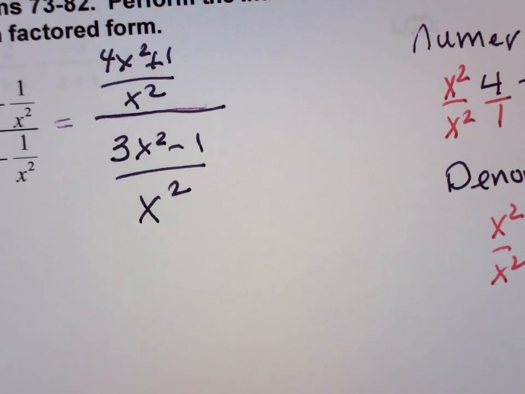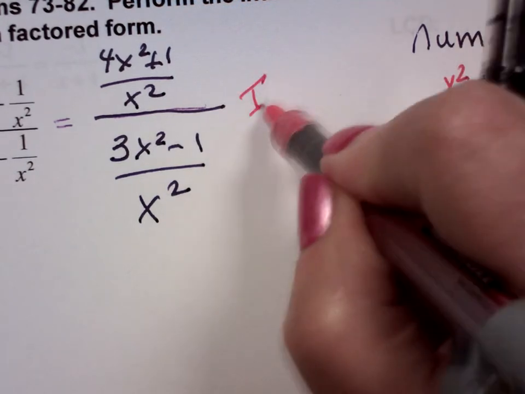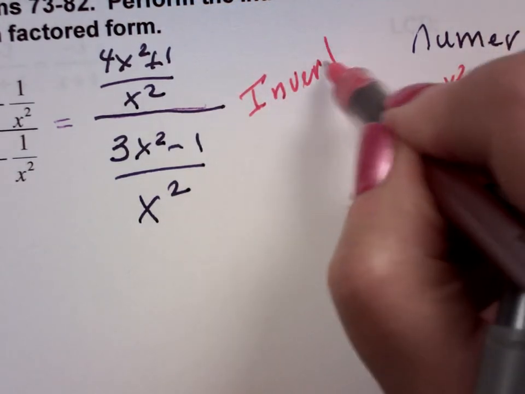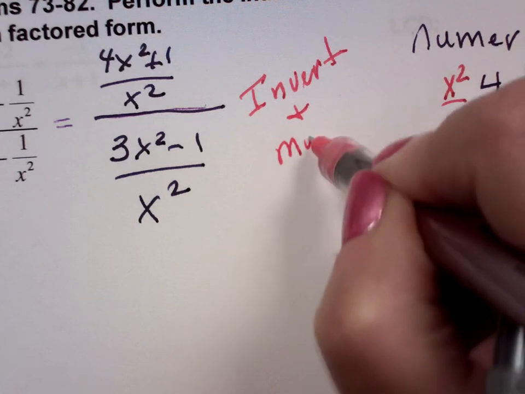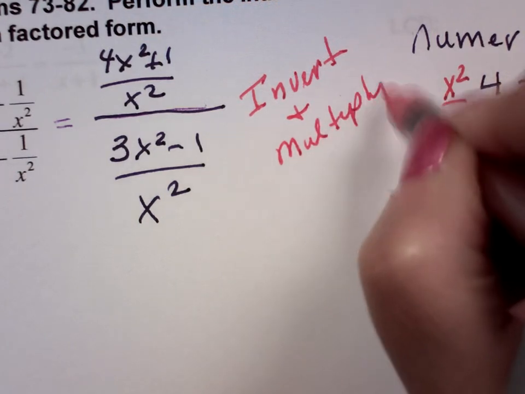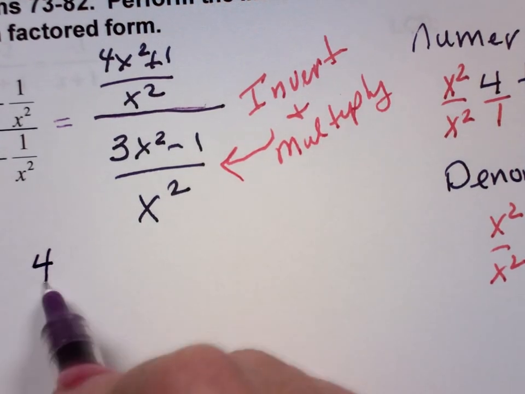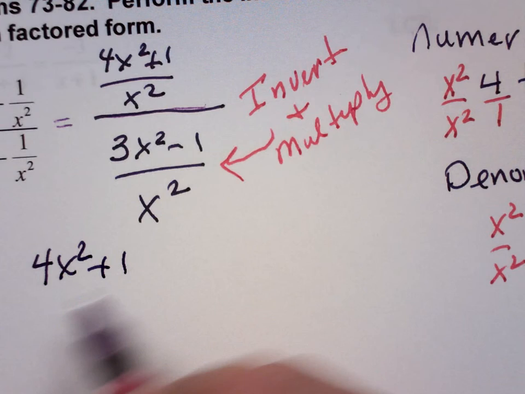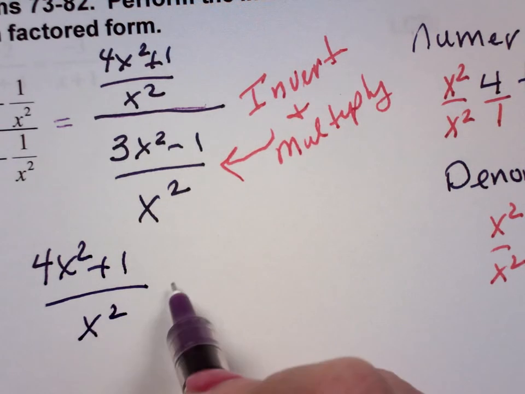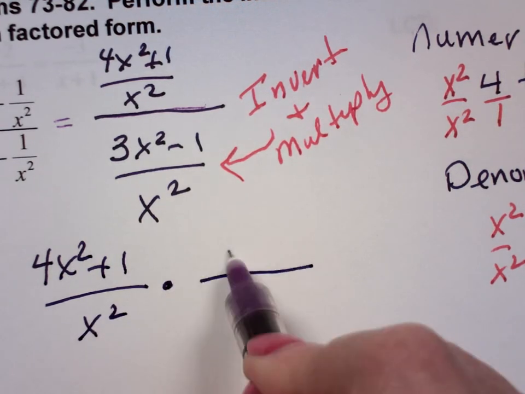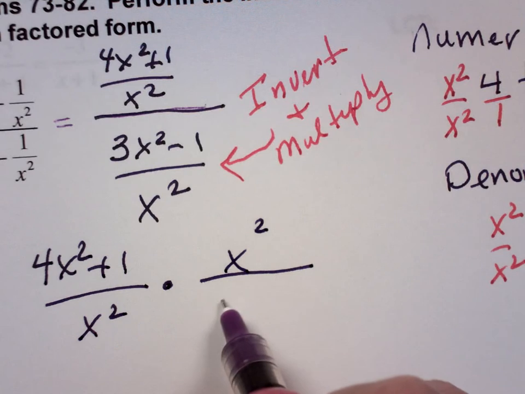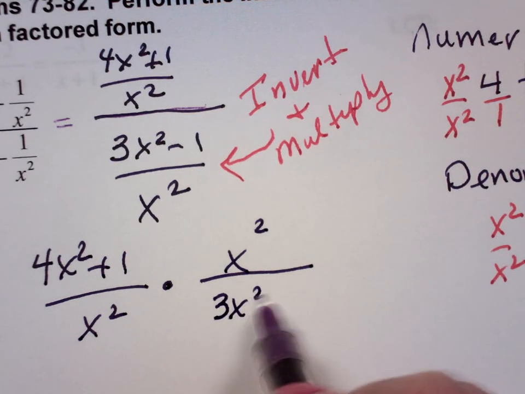So your goal is going to be to invert and multiply. You invert the denominator so that you're going to have 4x squared plus 1 over x squared times x squared divided by 3x squared minus 1.